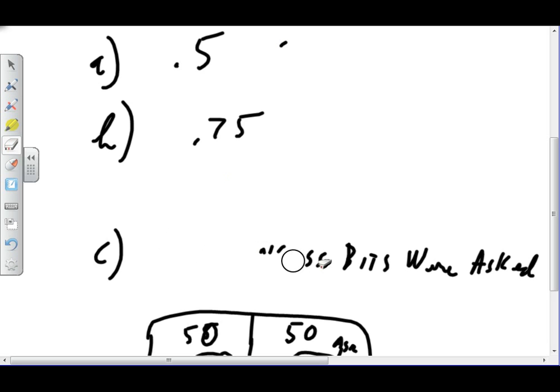Now this next one, what is the probability that a bid will be successful given a request for additional information? Okay, so I don't know that it is going to be to begin with.